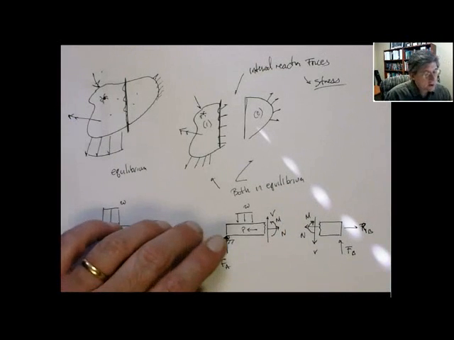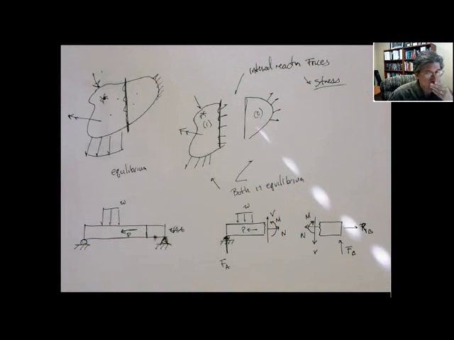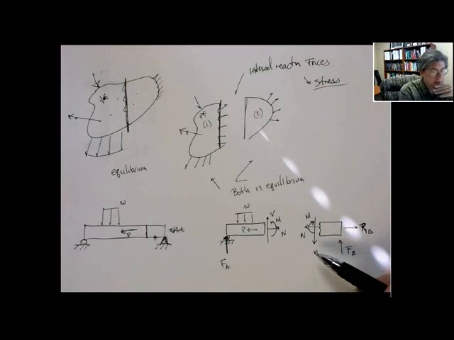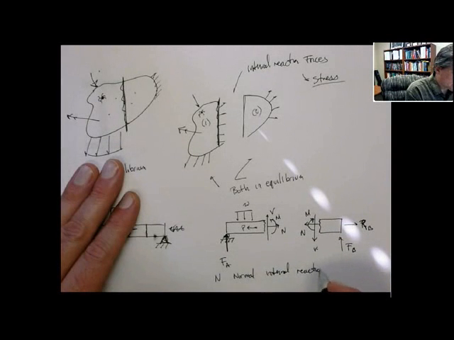Now, these internal reaction forces and moments are equal and opposite. Right? So V, as I've drawn here, has the same magnitude as V here, just in the opposite direction. Likewise with M and N. Okay? So N is the normal force, V is the shear internal reaction force, and M is the internal reaction moment.